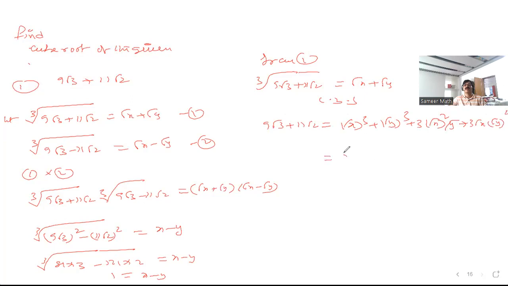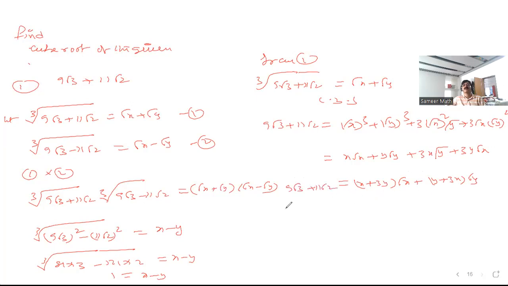So you are getting here x root x, y root y, here 3xy root 3y root x you are getting. So this is like this: x plus 3y root x and y plus 3x root y. This you are getting: 9 root 3, 11 root 2 is here.